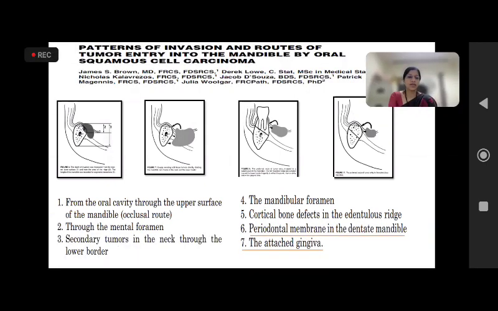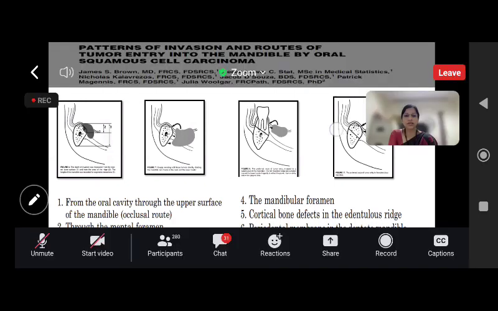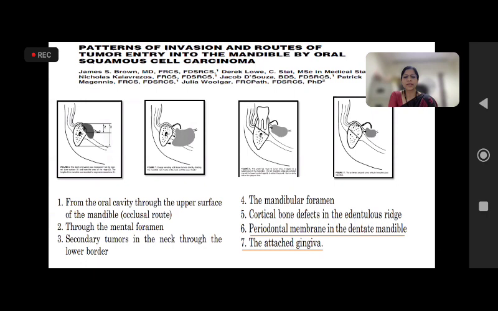Thank you, Vidisha, for providing the slide, which actually states there are 7 ways of tumor infiltration. So you can read about all 7 approaches, how the tumor gets into the mandible. But the most important thing you have to remember is how we reach all these routes of invasion into the mandible.